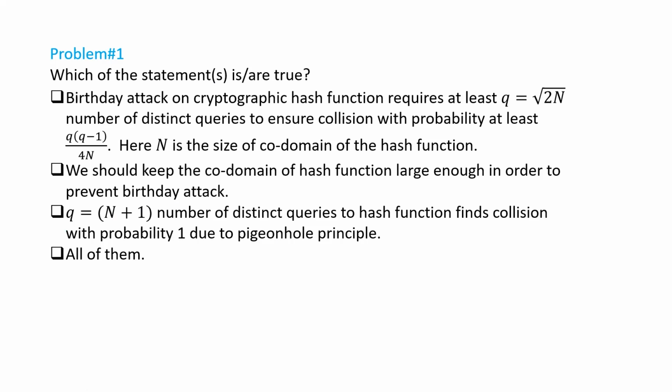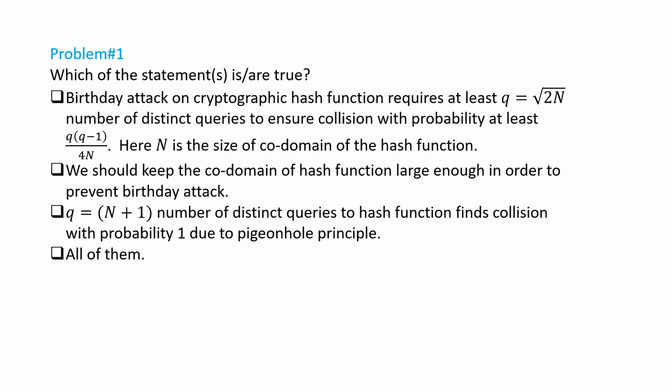If you would like to answer, you can unmute yourself and answer, or you can type in the chat, whichever is okay with you. Let's proceed with the given statements one after another. The first option: is it correct or not?